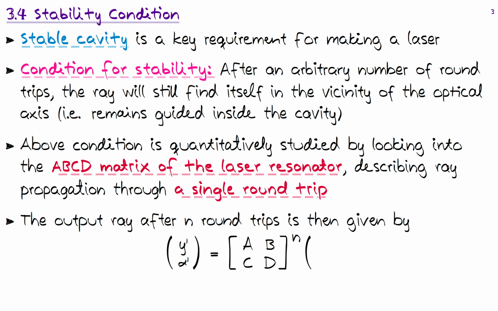It's not a multiple of how many path lengths the light propagates within the cavity, and certainly not the refractive index, but rather the round trip number. In this ABCD matrix formalism, the input ray is on the right-hand side of the matrix. So let's now calculate the nth power of this matrix.